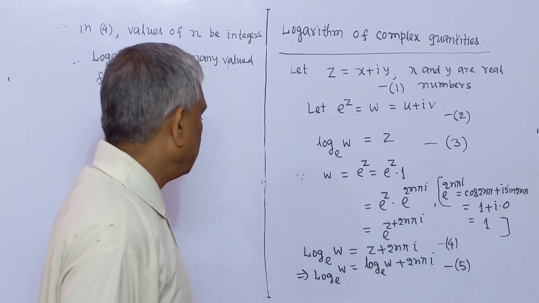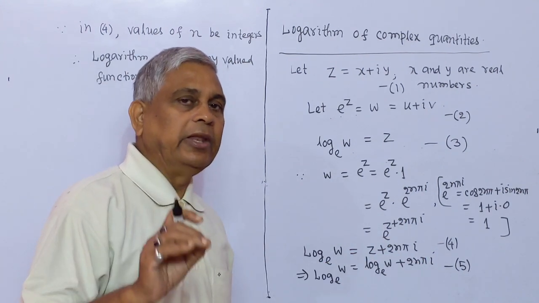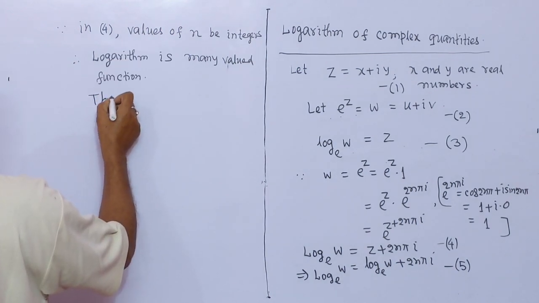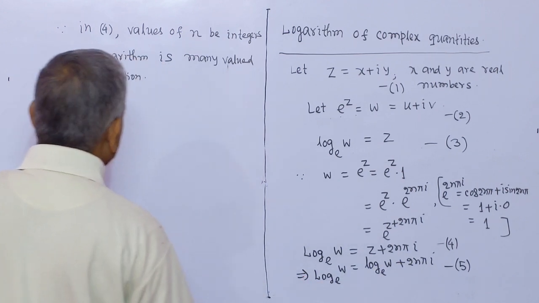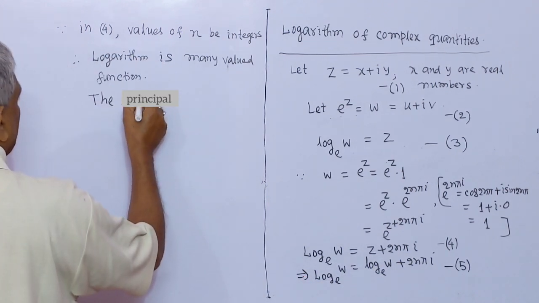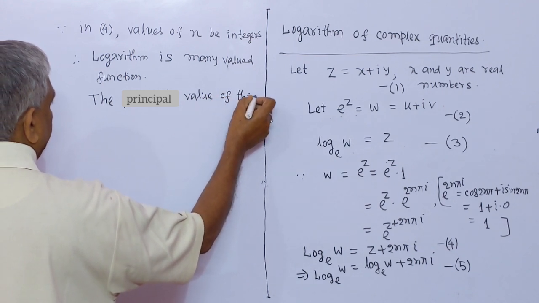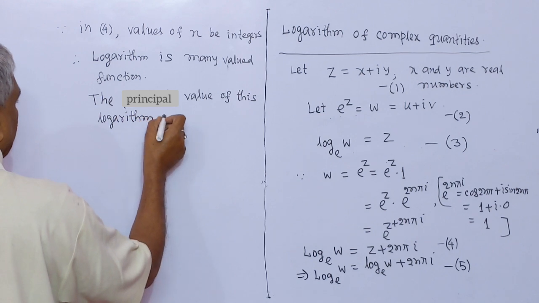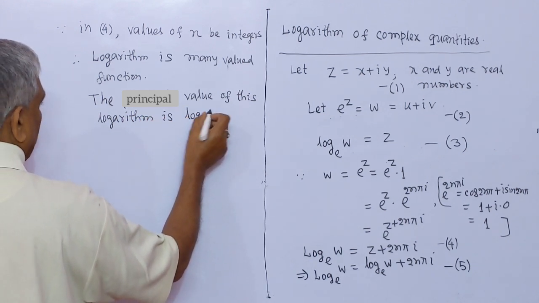So this function gives many values. The principal value of this logarithm is small log w.